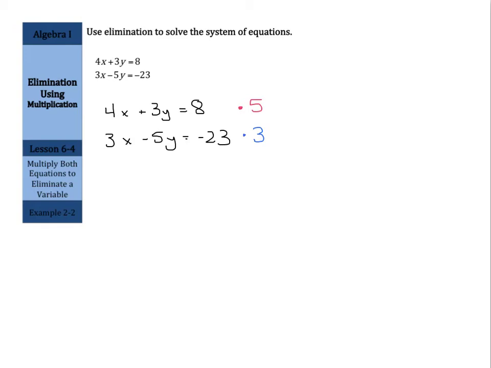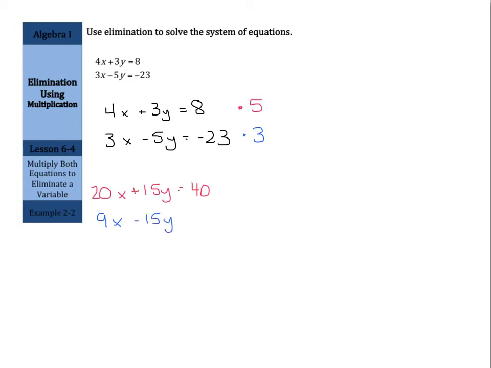And a result there? Well, 5 times 4x is 20x. 3 times 5 is plus 15y. And 8 times 5 is 40. Then 3 times 3x for the second equation is 9x. 3 times a -5y is minus 15y.